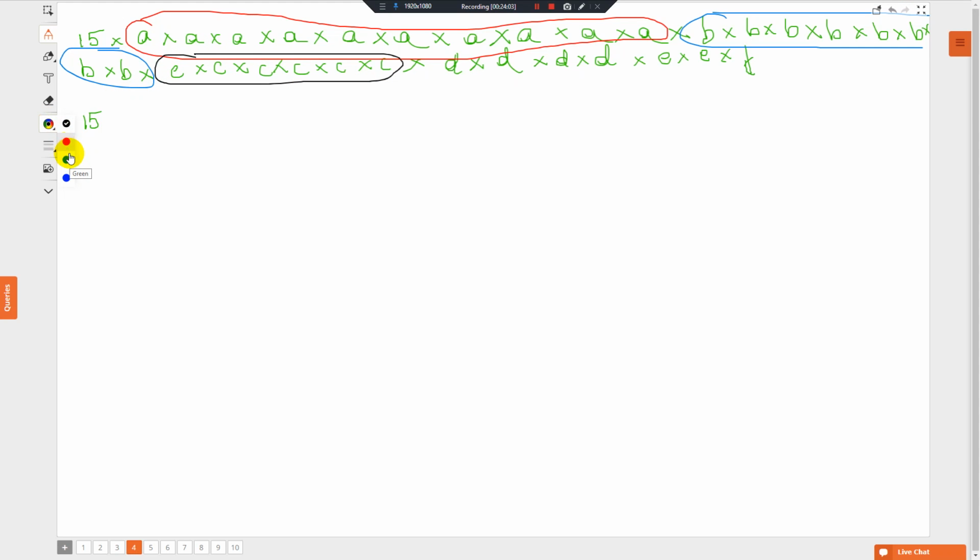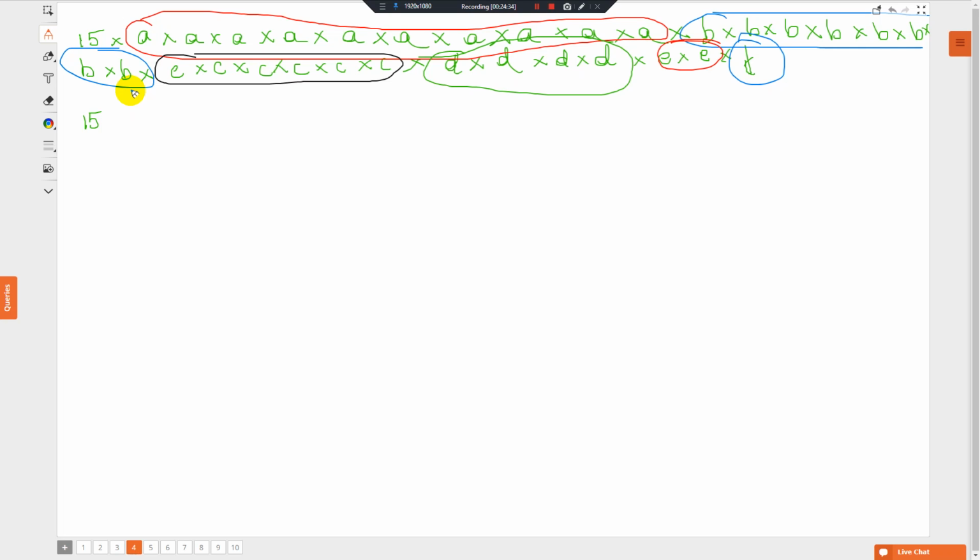Now take another color and group the fourth. Now take another color and group the fifth. And the sixth. So we have 6 groups here, right? So we check whether there are 6 letters, alphabets.